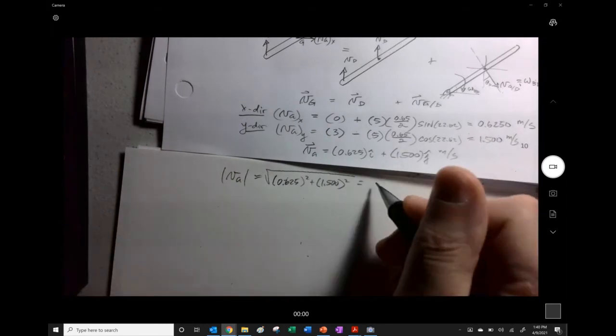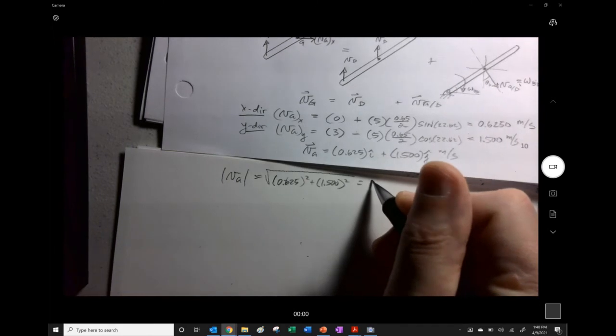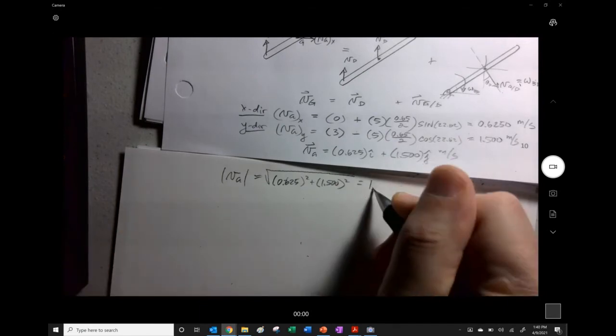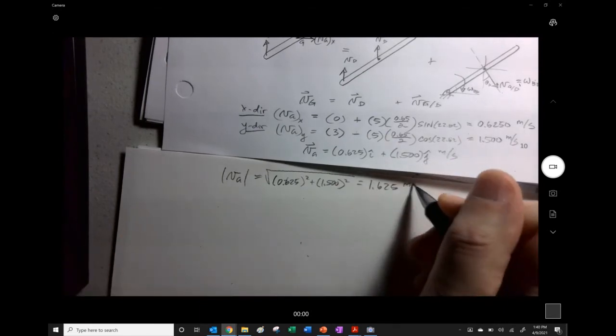But that looks weird. Is it really going to be 1.625? It strikes me as strange and likely some calculator error, but okay, 1.625.